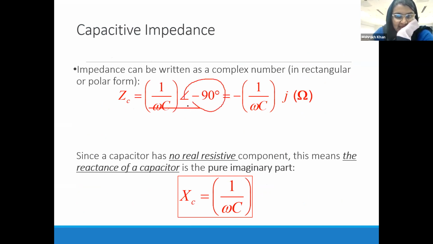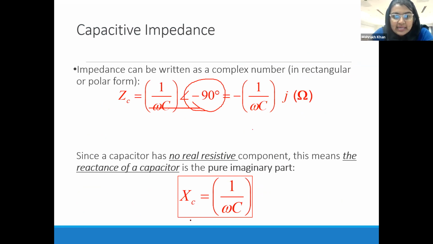Now the only difference you are seeing with the capacitance here is that the capacitor is minus 90 degrees and your inductor was plus 90 degrees, which means that your capacitance is opposite to your inductance. Your inductance increases with the frequency, but your capacitance decreases with the frequency.